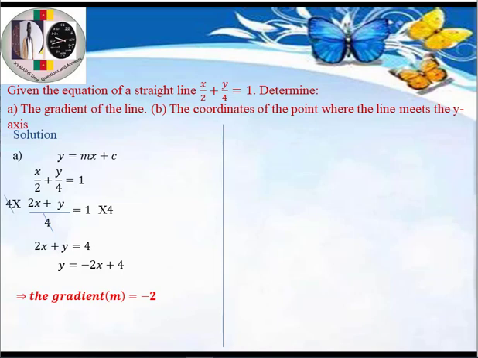For question B, the coordinate of the point where the line meets the y-axis. Okay, it's easy to just give it as the coordinate is (0, 4). But for a better understanding, let's draw a graph here, and then I explain and expatiate how we got (0, 4).